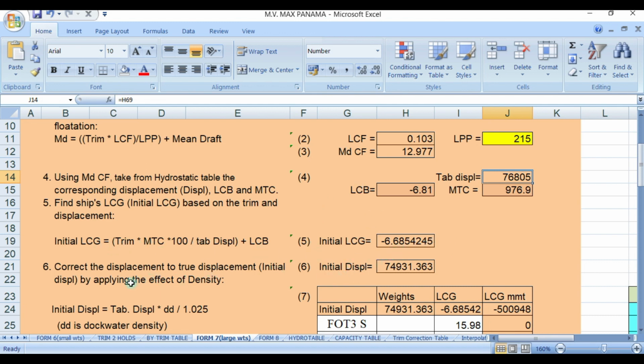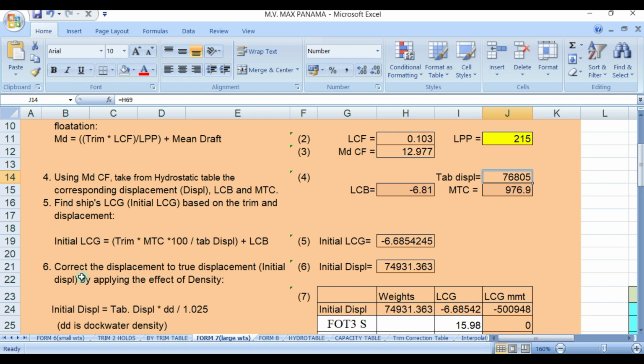And number 6 is looking for the initial displacement. This is your tabulated displacement, and now we are looking for the initial displacement.